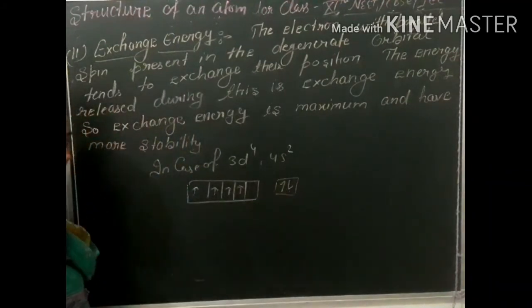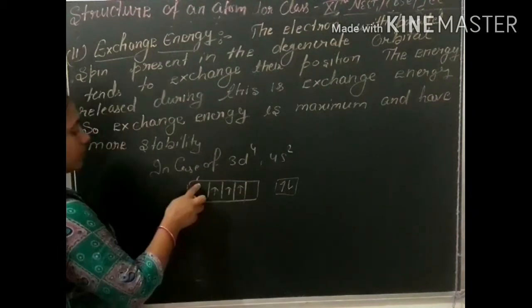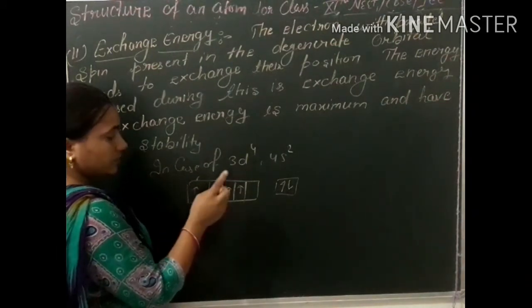Now the 4s electrons cannot exchange their energy, but here the first electron can exchange its energy with 3 electrons.